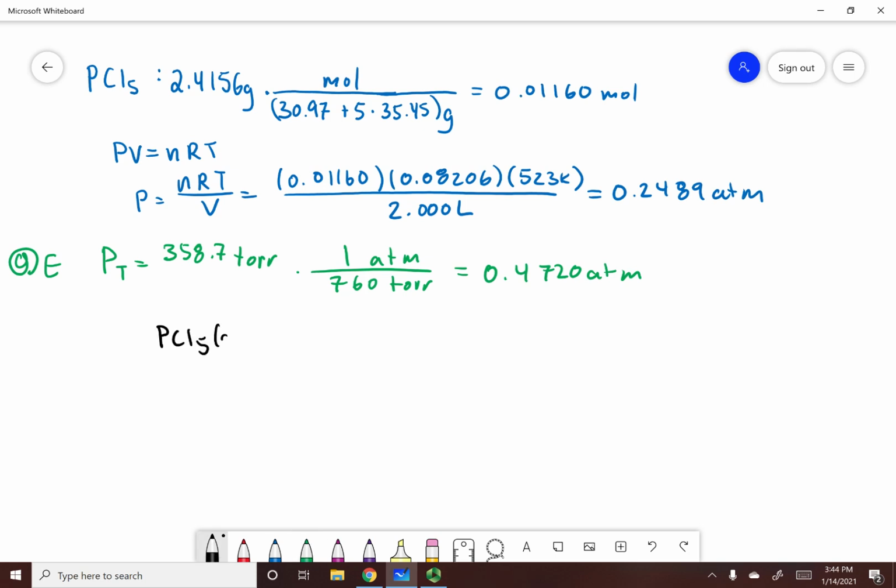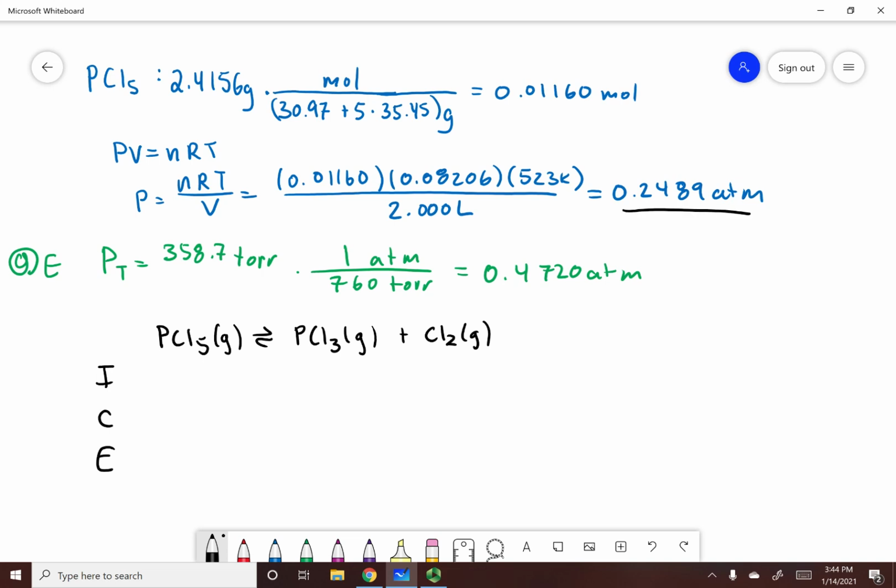Now that we've got all this, we can start our ICE table. I'm going to write down the reaction that we are interested in. We have a decomposition reaction, and I'm going to create two gaseous products. We should note in this reaction, all of my substances, reactants and products, are gases. So I have I, C, E, and we can plug in our values.